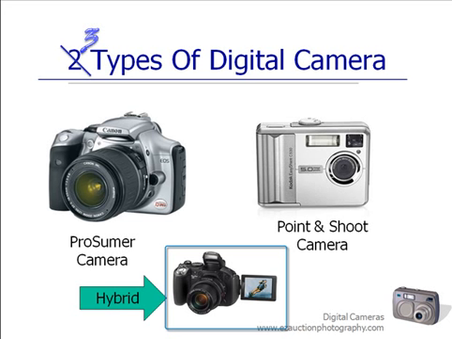You can get a lot of the manual functions or the more advanced functions on these hybrid cameras and still enjoy the lightweight, small compactness of a point and shoot camera. Now, the one major difference with these kind of cameras is that the lens doesn't come off, and so you can't use different lenses on these hybrid cameras.